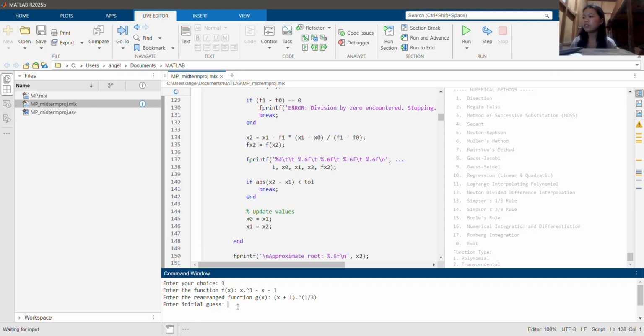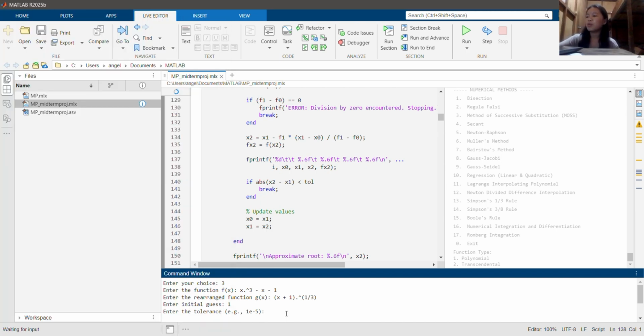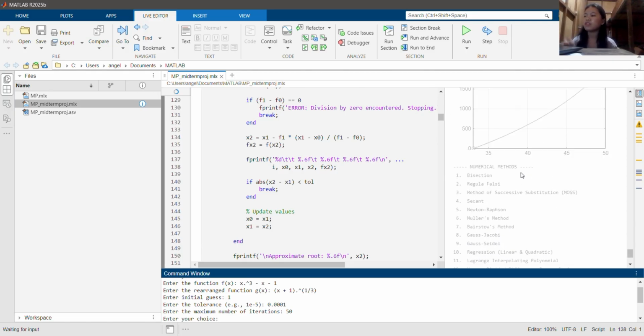Our initial guess, which is number 1, and our tolerance, which is 0.0001, and maximum number of iterations.